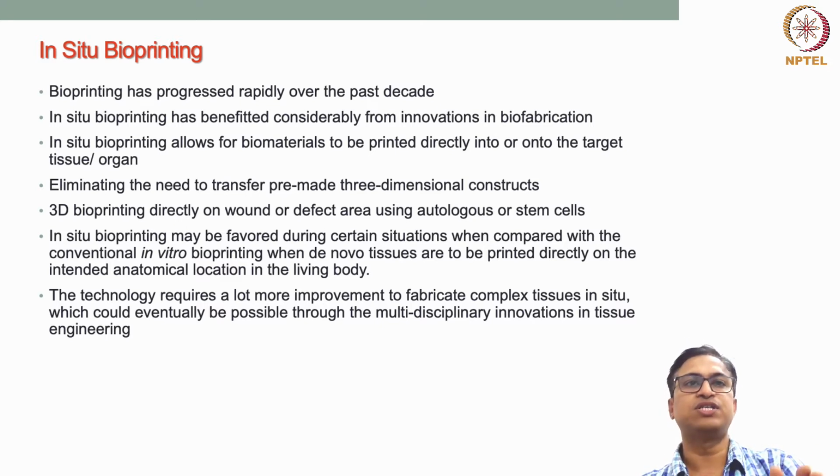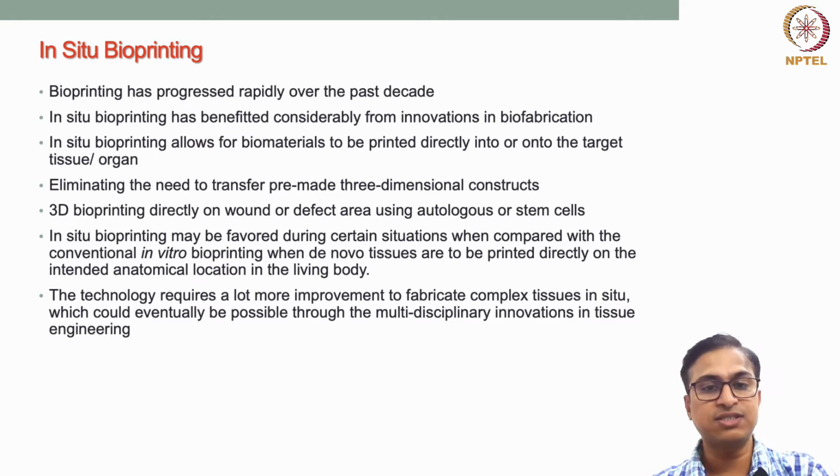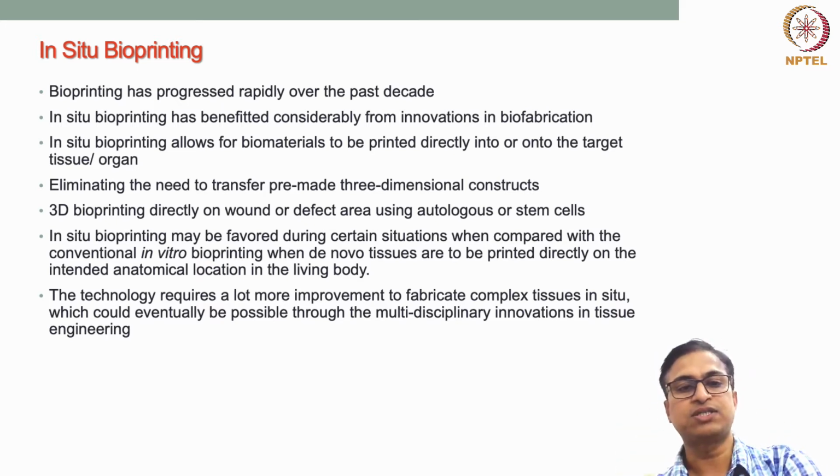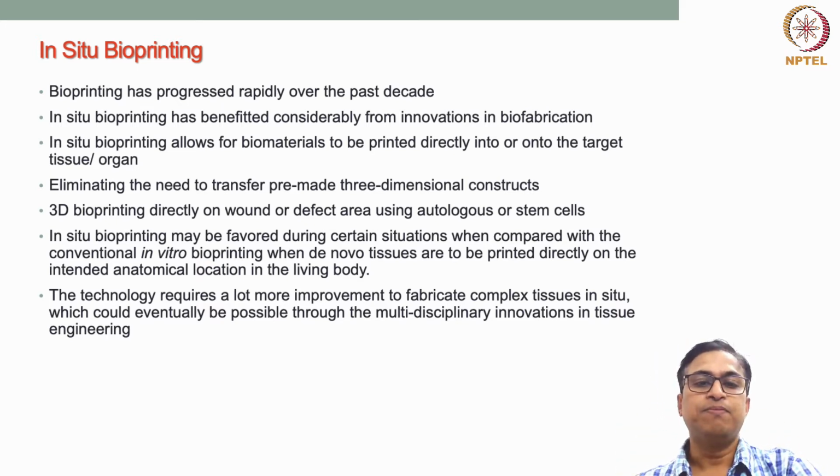Because in that process, there is pre-printing involved, transportation involved, and then putting it back onto the structure. So here, the need for transfer of a pre-made three-dimensional construct is eliminated. That's why it is directly on the wound or defect area.